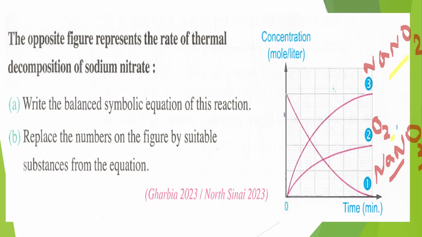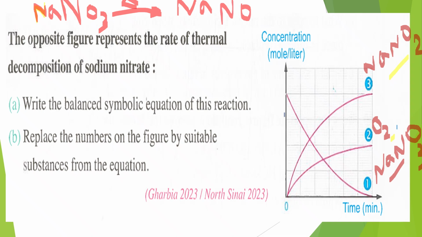Someone might ask me, I have two products, 2 and 3. Why did you make number 2 oxygen and number 3 sodium nitrite? Let me remind you that the equation was NaNO3 thermally decomposes, or decomposes by heat, to give NaNO2, which is sodium nitrite, plus O2.